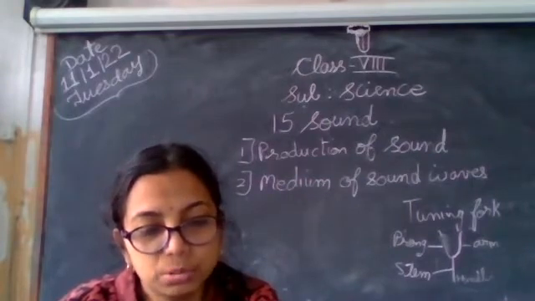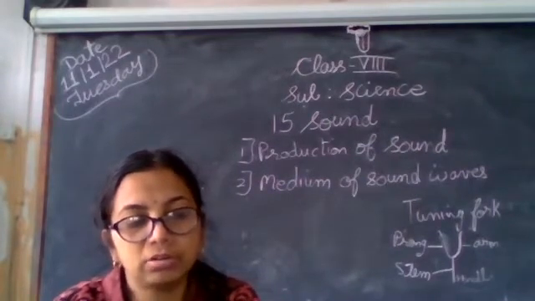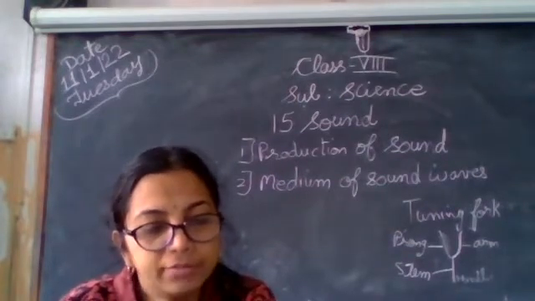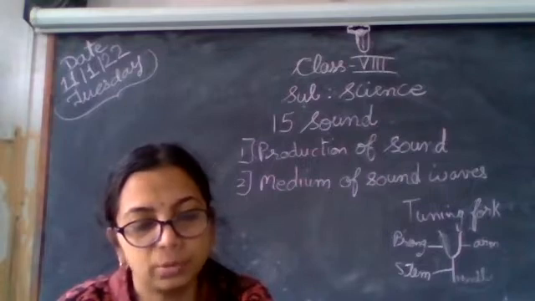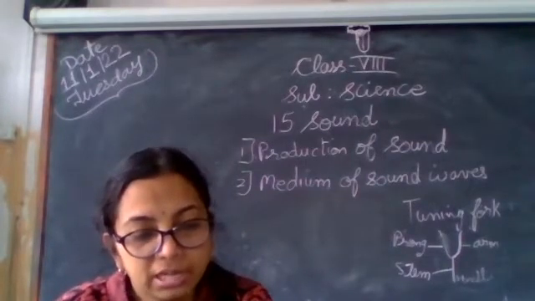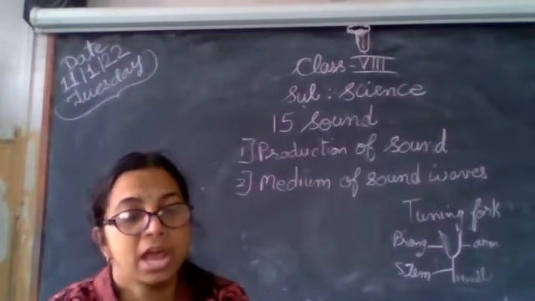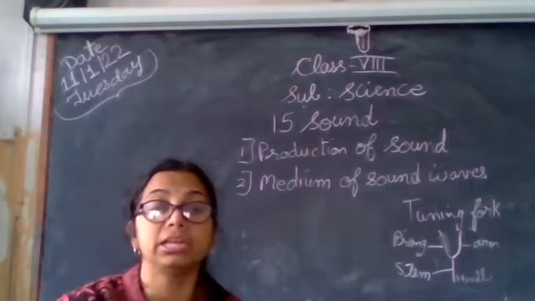We will also see that the result of such a motion is production of a sound. And if during the vibration the prongs of the tuning fork go away from each other, in that case the air outside the prongs is compressed and the pressure there increases.